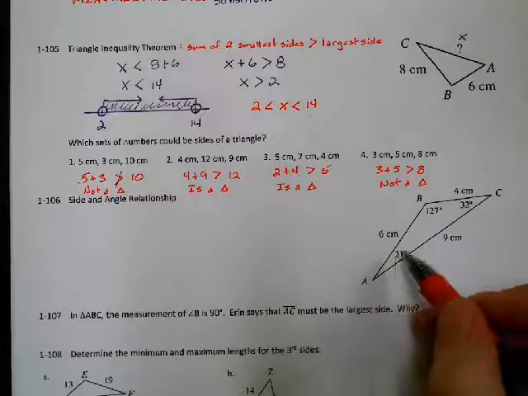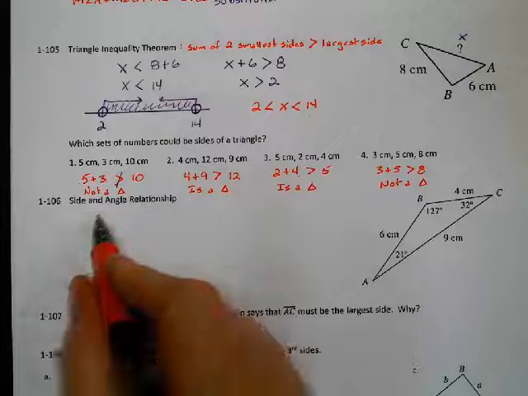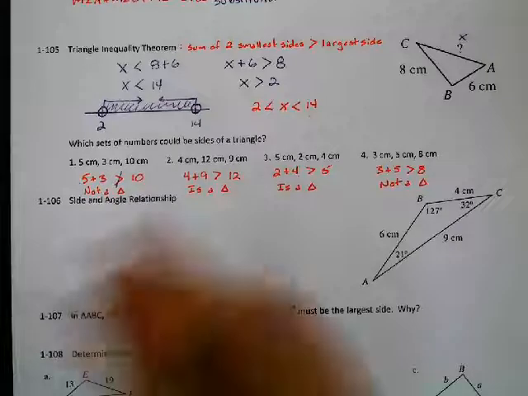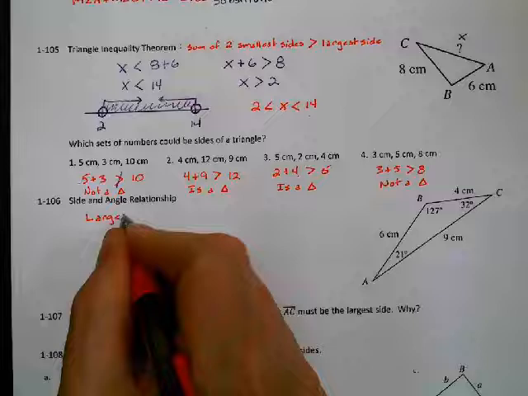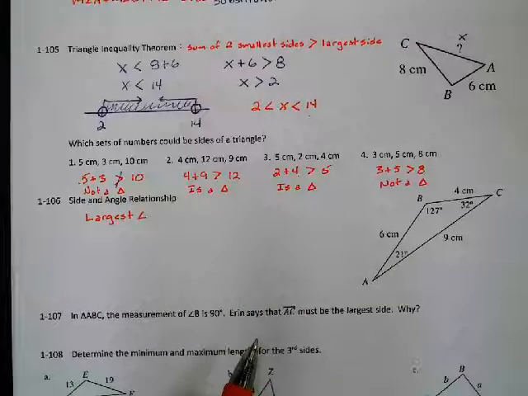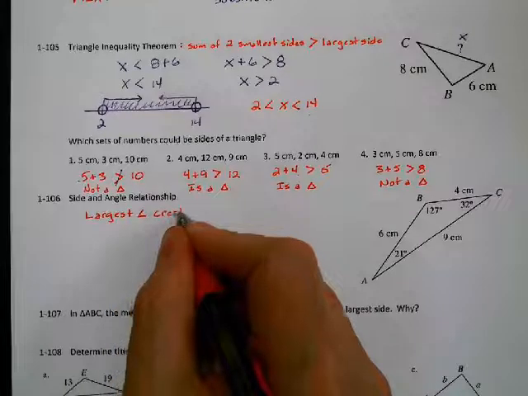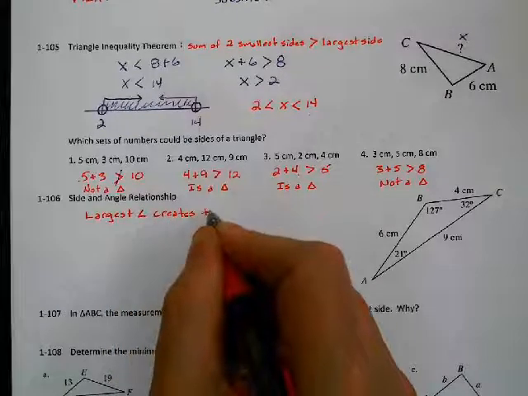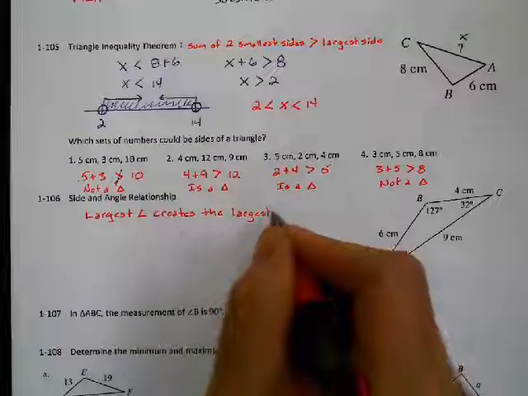So the side and angle relationship is that the largest angle creates the largest side. And the smallest angle makes the smallest side.